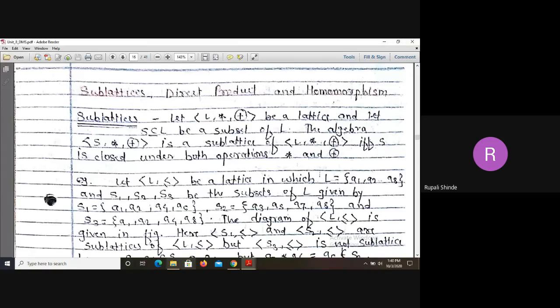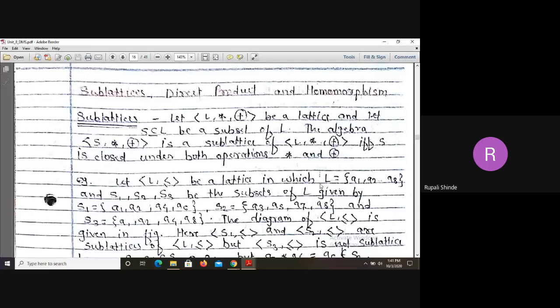So if you consider S as a set of elements and these are two operations star and XOR, to check whether S is closed under these two operations or not, we can consider any two elements from this set S and perform either star or XOR operation on them. Whatever result we get should be a part of this set S. Then only we can say that S is closed under operations star and XOR.